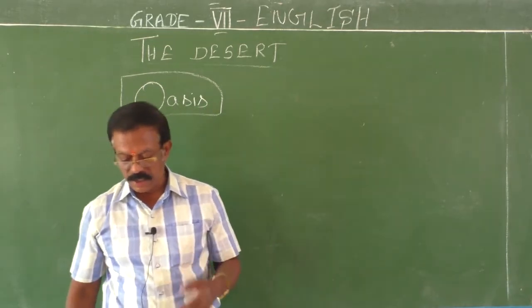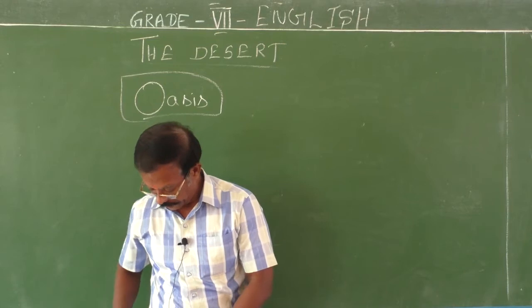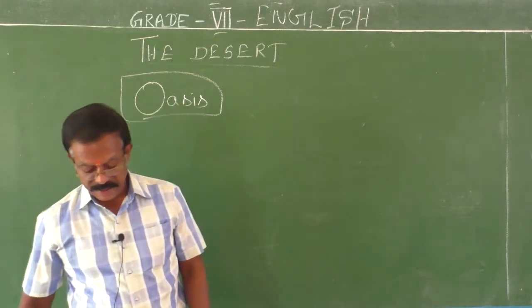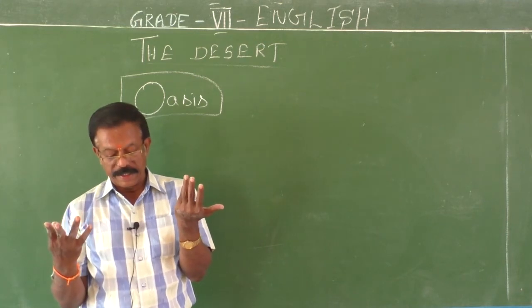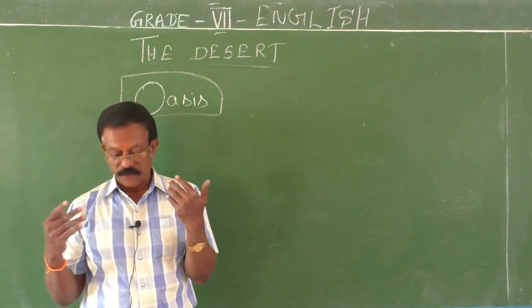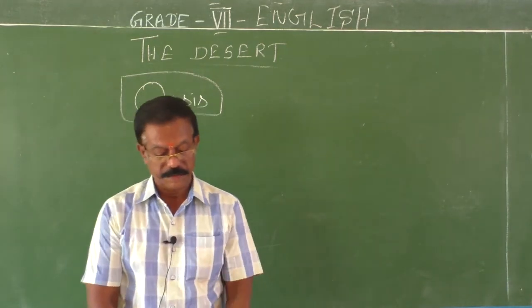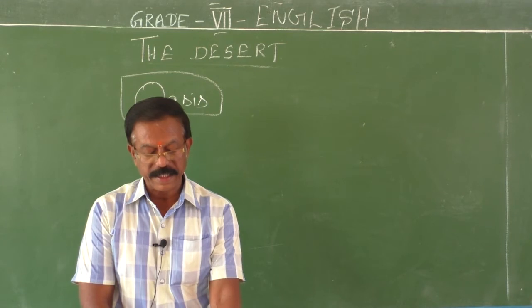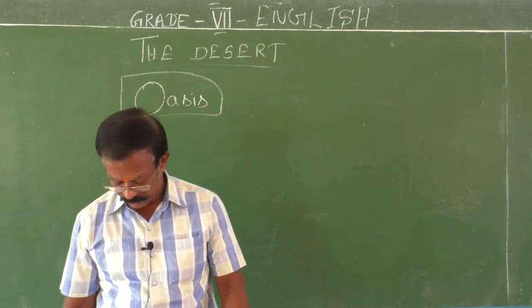An oasis is a small patch of vegetation surrounded by deserts. An oasis is an area made fertile by a source of fresh water in an otherwise dry and arid region. Oases are irrigated by natural springs or other underground water sources.